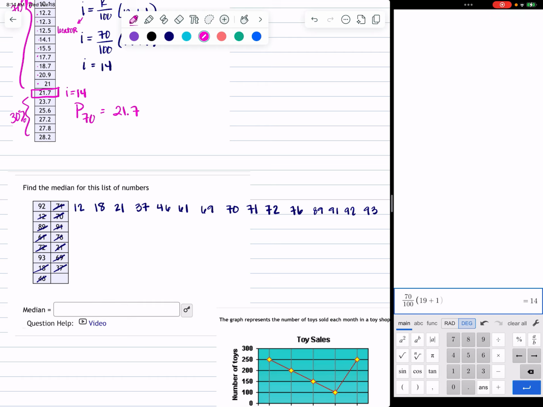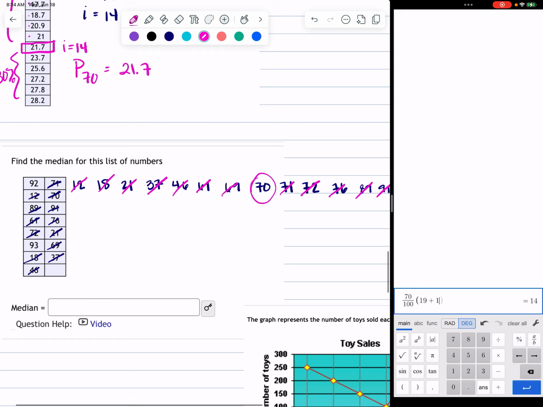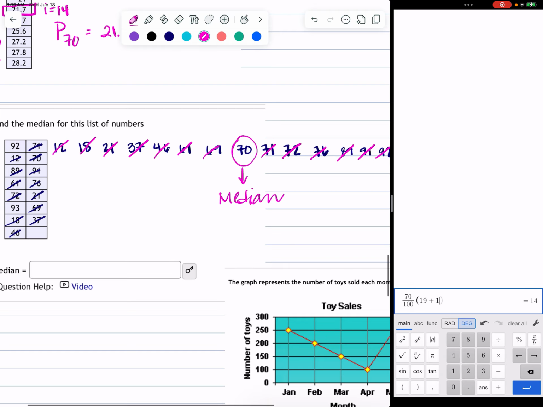I'm going to do this the old-fashioned way, and I'm going to take one from the front and one from the back until I can't anymore. And I'm left with a middle number of 70. So this is the median. If you want to relate it to quartiles, this is Q2.